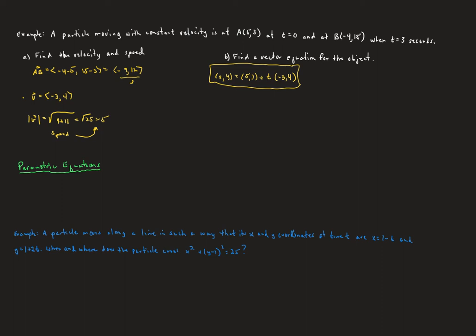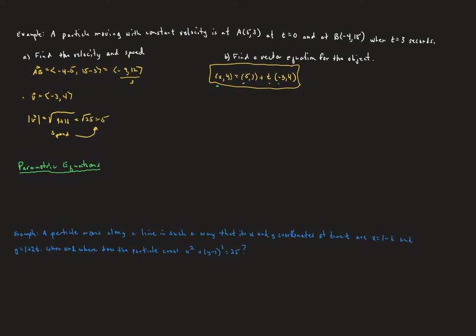Now we can go from thinking of these as vectors to more kind of particles, and that's what we're going to do here with the parametric equations. The x values come from those first coordinates.